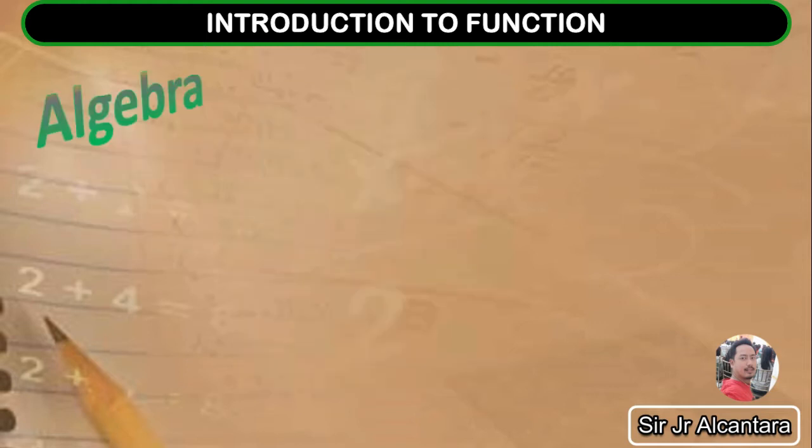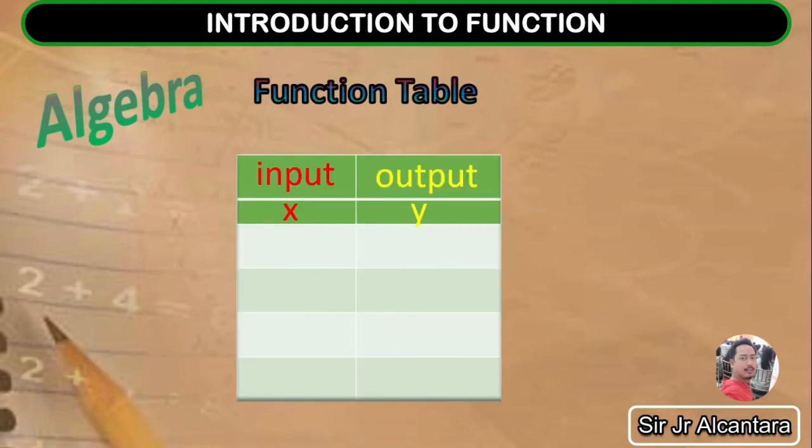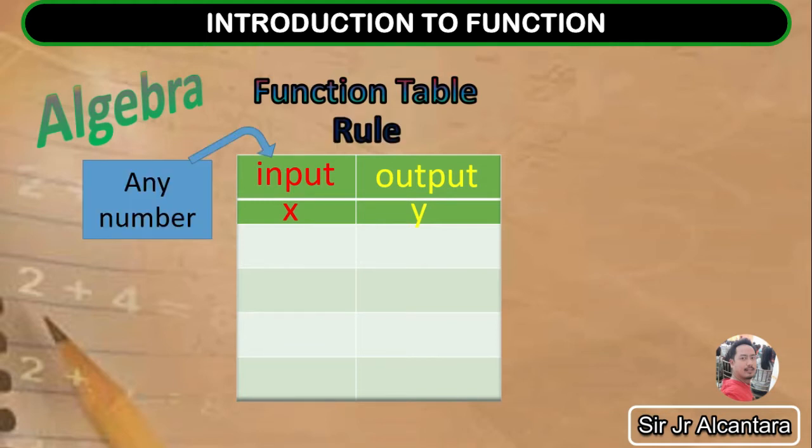So, iba naman sa algebra. Sa algebra, ito yung function table, input ay x at ang output ay y. So, itong input natin is any number at ang rule natin is y is equal to 2x. So, paano yon? Kapag nag-input ka ng 1, papalitan mo itong x ng 1. So, kapag 1 yon, y is equal to 2 times 1 is equal to 2.